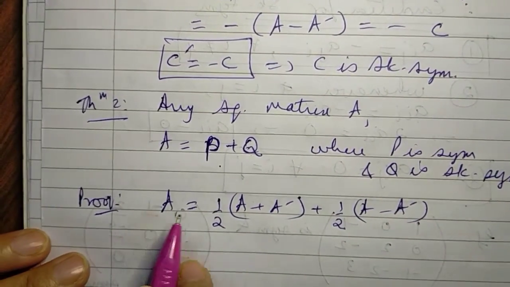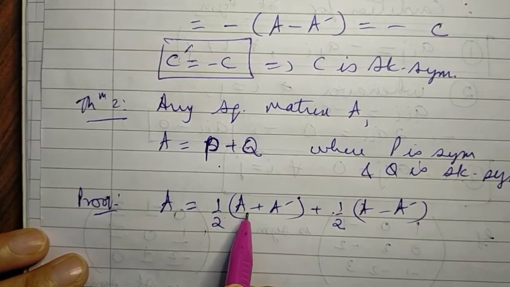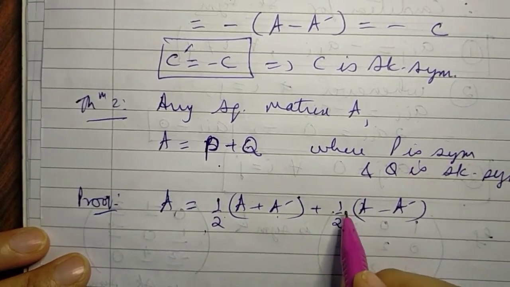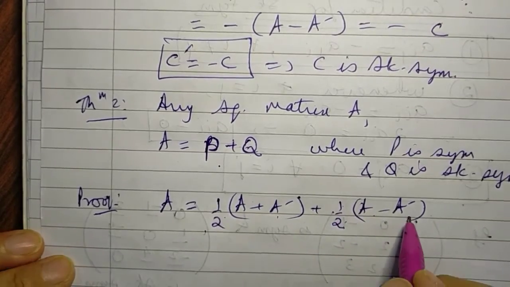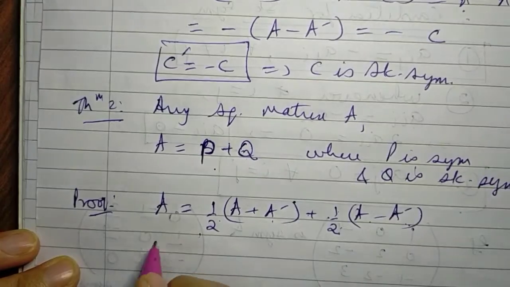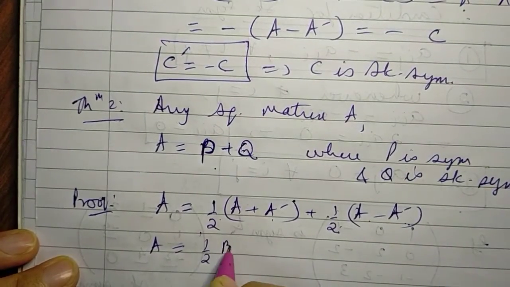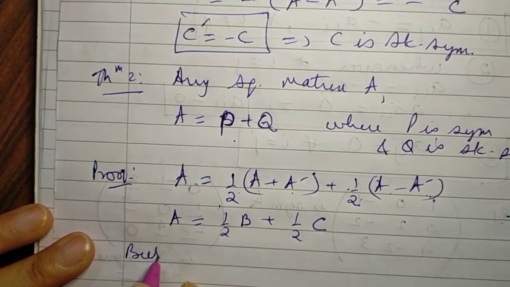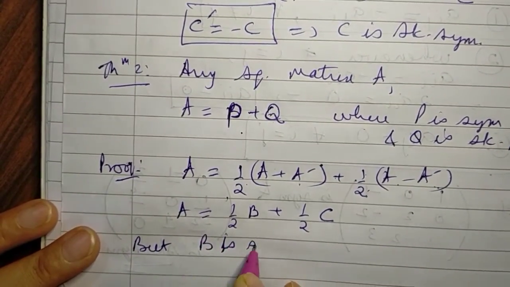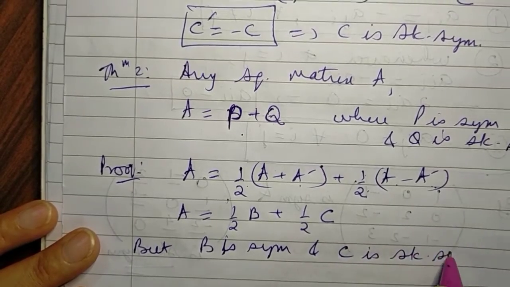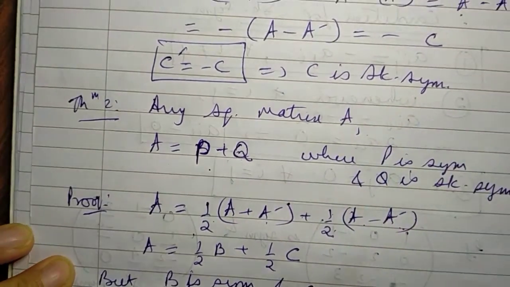It means A can be written as half of A plus A transpose plus half of A minus A transpose. Going by the previous abbreviation, we can write it as half of B plus half of C. But we know that B is symmetric and C is skew symmetric. We have just proved it.